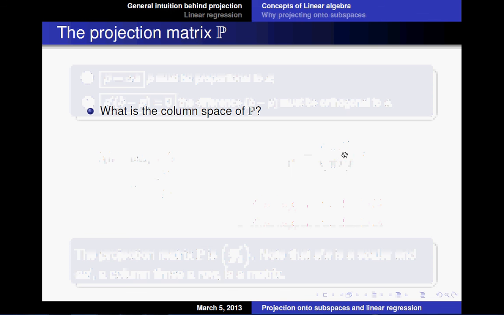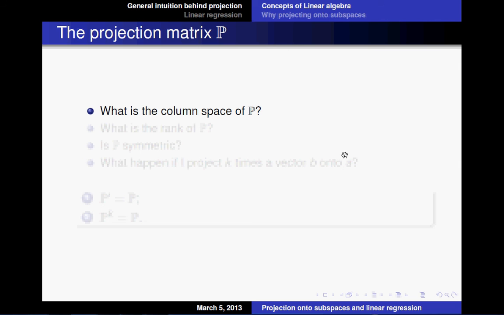Some questions about the projection matrices. What is the column space of the projection matrix? Just by reasoning about the meaning of the projection matrix, it is intuitive that the column space must be the line through A. Why?